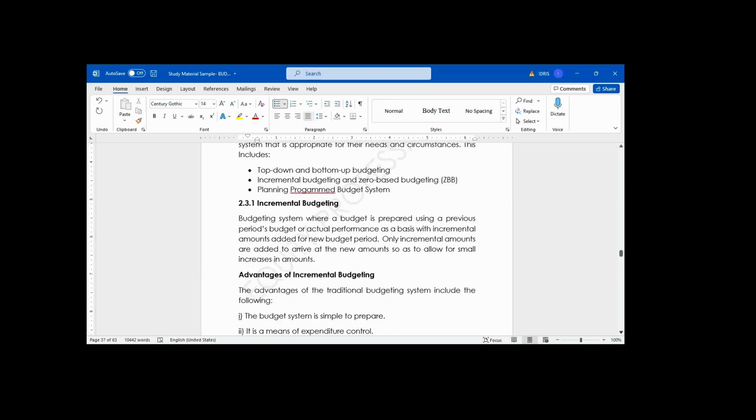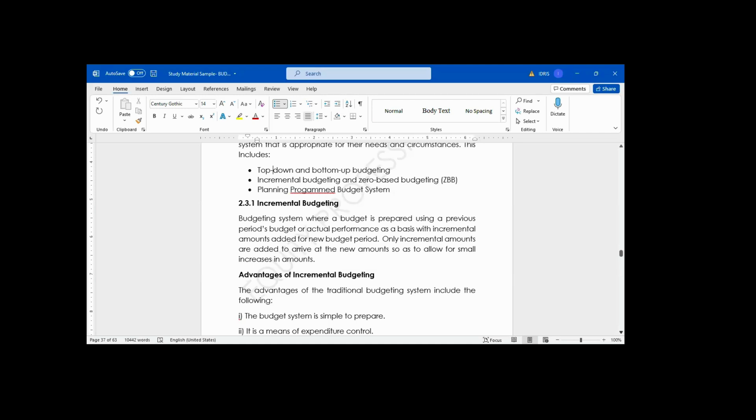So incremental budget simply means a budgetary system where budget is prepared using previous period budgets or previous period actual performance.